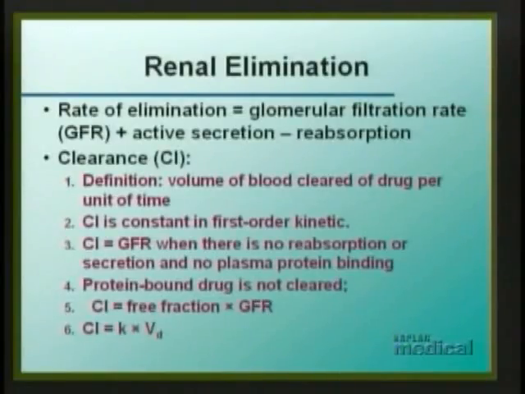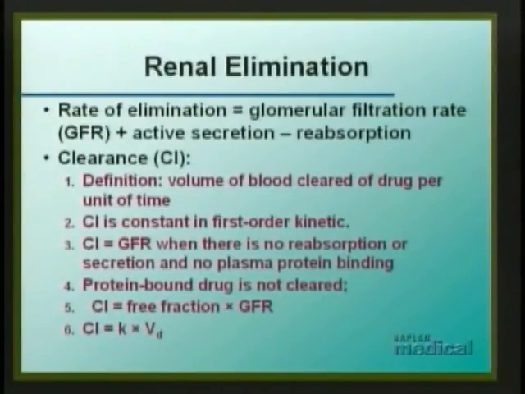So really, when we look at renal elimination, you notice that renal elimination by itself is a combination of glomerular filtration rate, GFR, but also the processes of secretion and reabsorption.